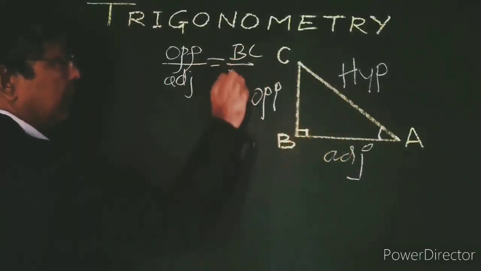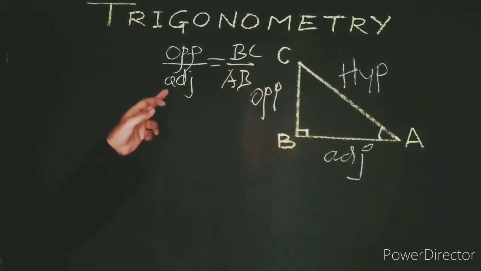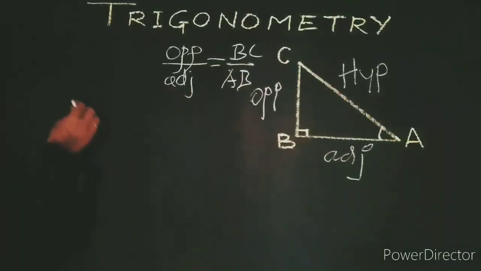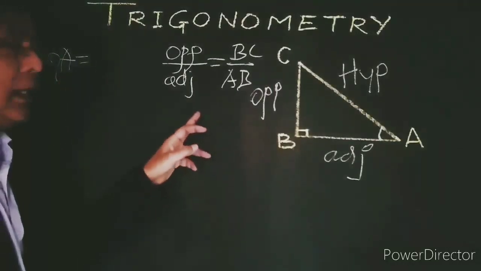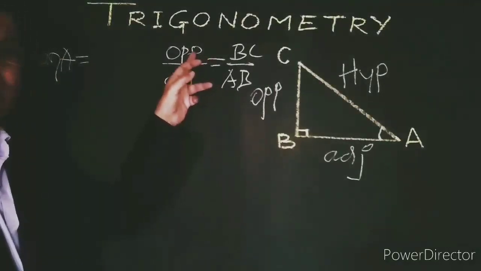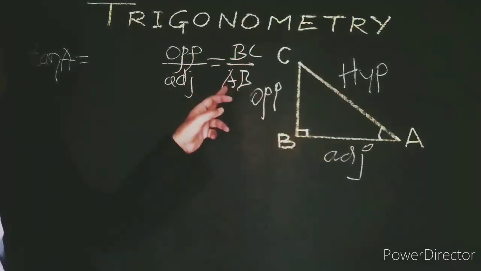That is AB. This ratio, opposite upon adjacent side, is known as tan A. That is, tan is nothing but opposite side upon adjacent side, that is BC upon AB.